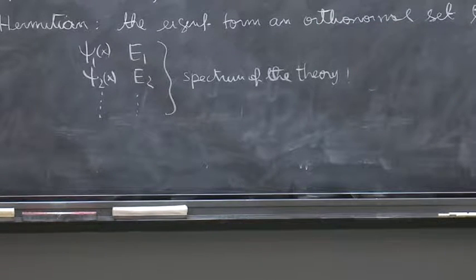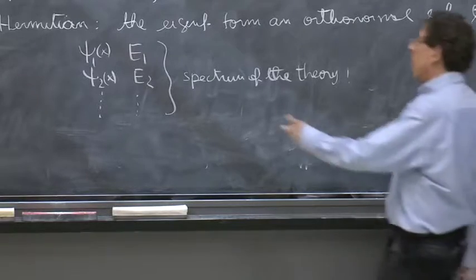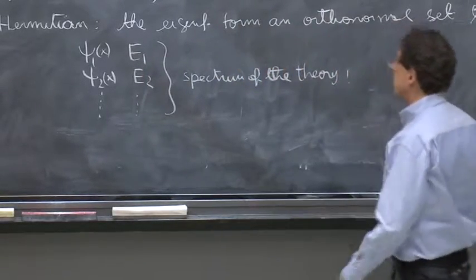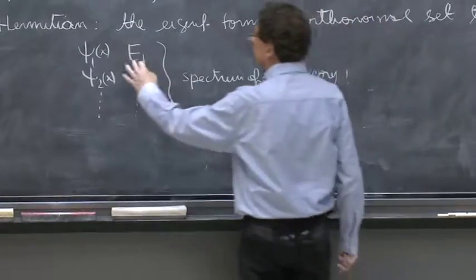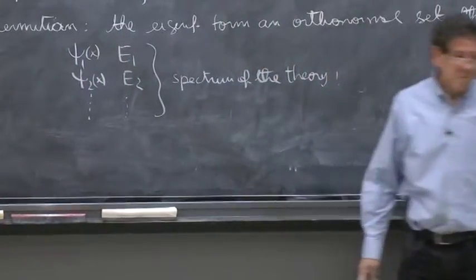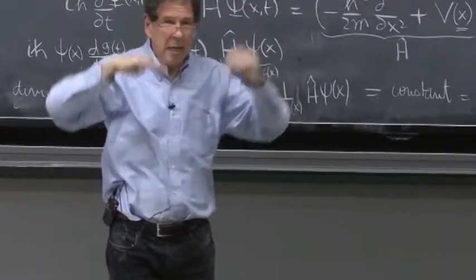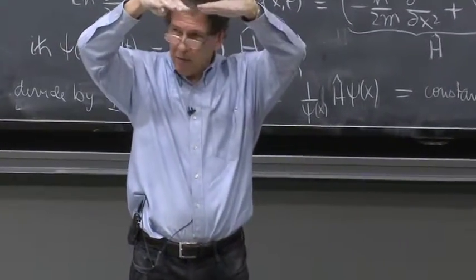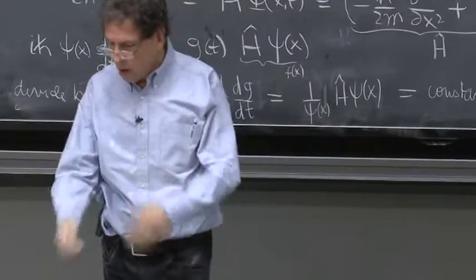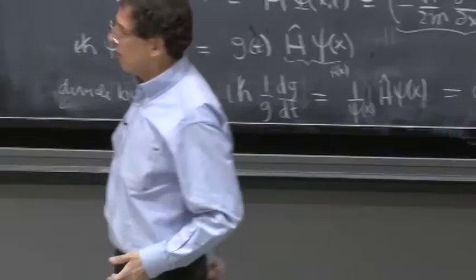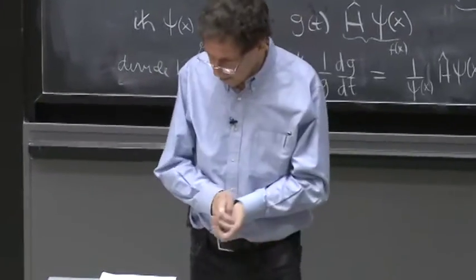So the spectrum of the theory is the collection of numbers that are the allowed energies, and of course the associated eigenfunctions. The energies may be discrete, maybe there is a little bit of continuous part, there are all kinds of varieties. But your task is to find those for any problem.